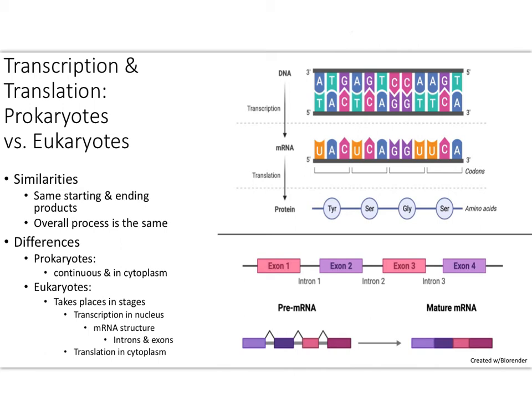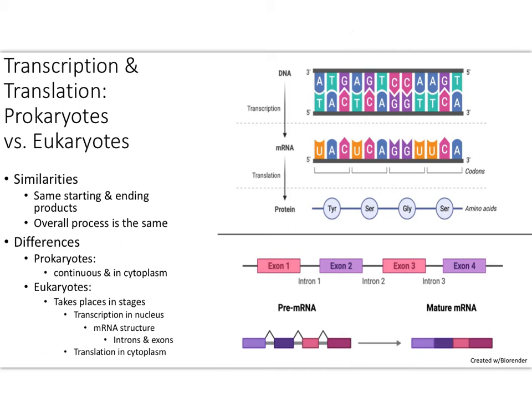Another interesting thing about transcription and translation in prokaryotes versus eukaryotes is that when prokaryotes make mRNA, it is ready to go. As soon as RNA polymerase makes mRNA, it can be used directly as it is to make a protein. In eukaryotes, oftentimes, if not the majority of times, the mRNA structure is a little bit different.